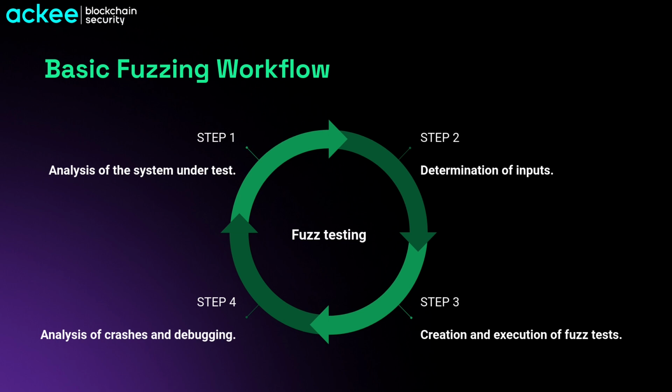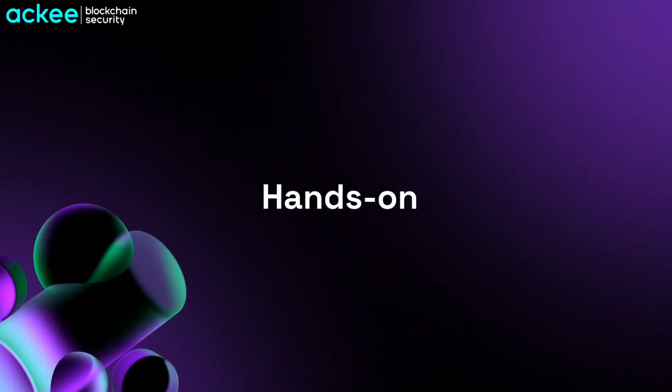You may find out that some of the instructions are never executed because some condition checked in your program is not met. Then you start again with the analysis of the system under test, determine the correct inputs, and so on and so forth. All right, so this was the introduction, and now let's go to a hands-on example.